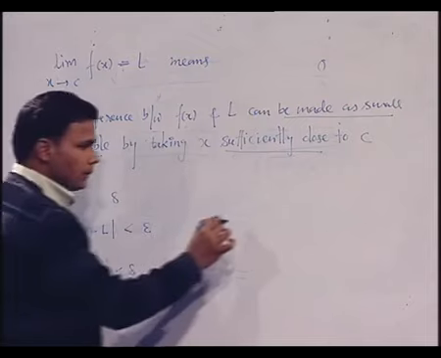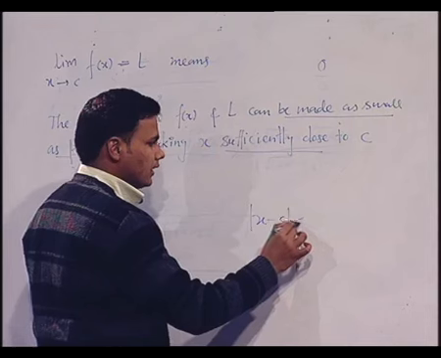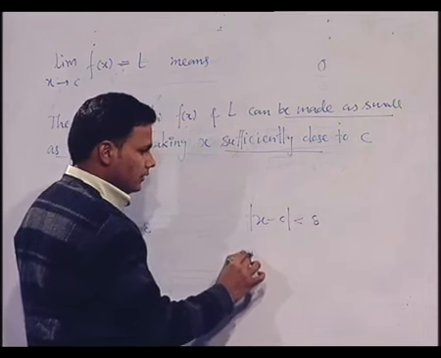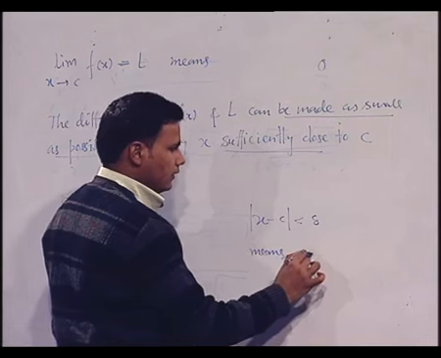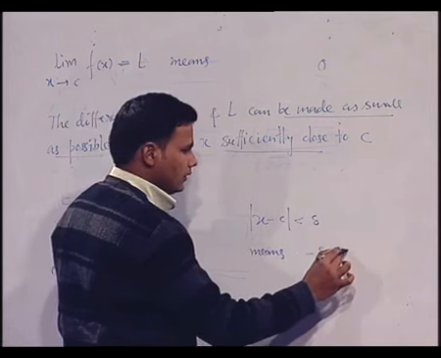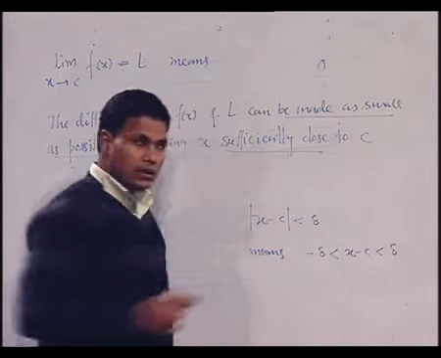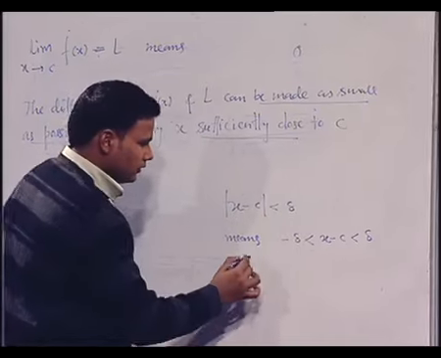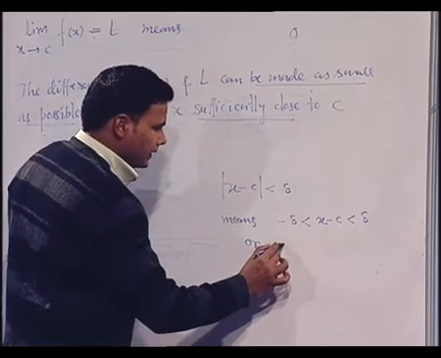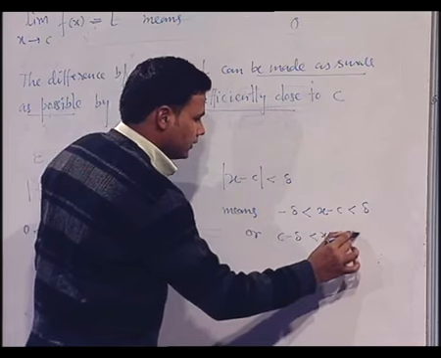Note that mod x minus c less than delta means x minus c lies between minus delta and delta, or x lies between c minus delta and c plus delta.